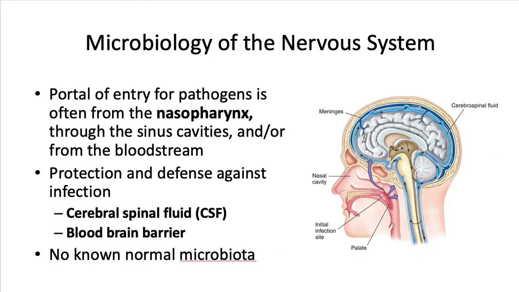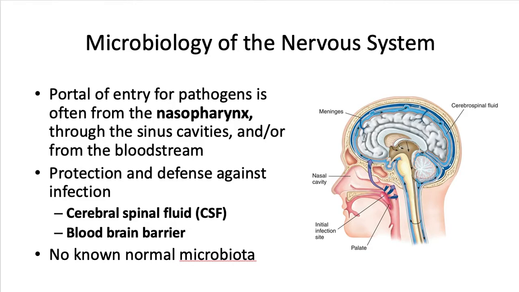More on the microbiology of the nervous system. It's very difficult for microbes to get in, but if they do, they usually enter through the nasopharynx, which is the back of the nose/mouth. So right where the back of your throat meets the back of your nasal cavity, that would be your nasopharynx. Microbes can pass through the tissues of the nasopharynx into the bloodstream.